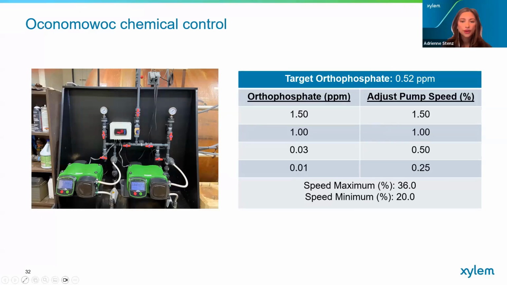When PO4 rises above 1.5 parts per million in the effluent, the pump speed is adjusted up by 1.5% to increase dosing. And when PO4 levels fall to low levels, below 0.03, then the pump is adjusted at lower levels of 0.5% to fine-tune dosing at the lower concentrations and minimize overdosing chemicals.